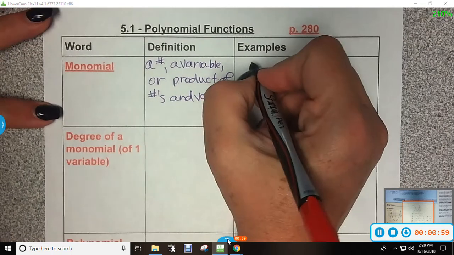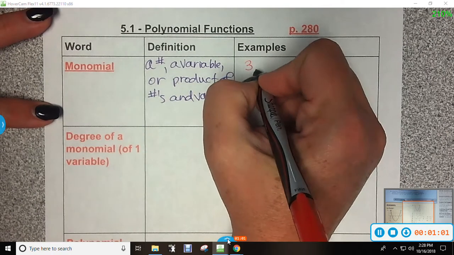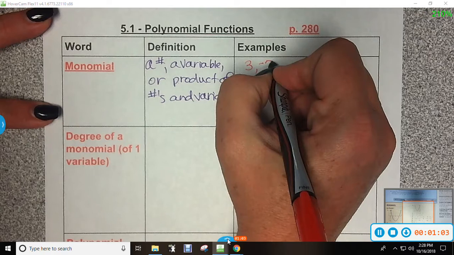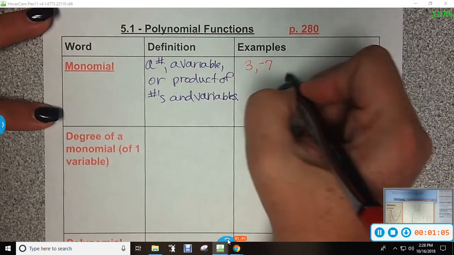So, first example, 3 is a number. -7's just a number.